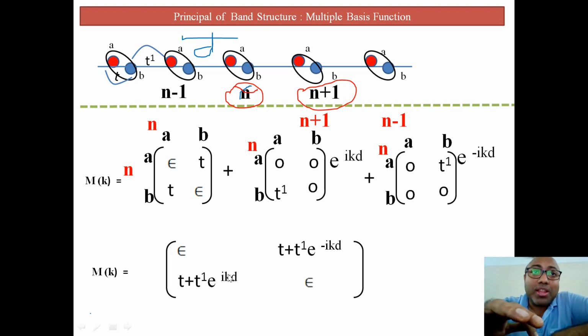Now here one thing you can see, as I told you, what is the relation from here to here? This is actually the complex conjugate of this component, no? Minus ikd, and this is actually plus ikd. So this is an imaginary part, and this is the complex conjugate of this one. So kindly consider those things.